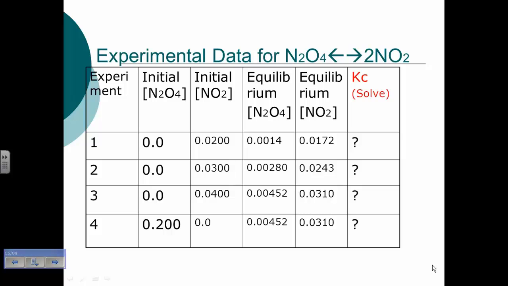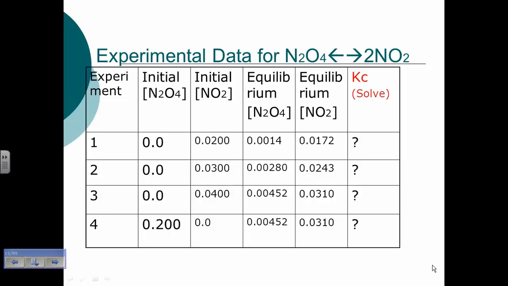The expression: jot this on your paper. What would the expression look like for this reaction? Product over reactant, stoichiometry dependent. We'd see Kc set equal to the value of NO2 squared over N2O4, product over reactant, squaring the product, with a coefficient of 1 on the reactant.